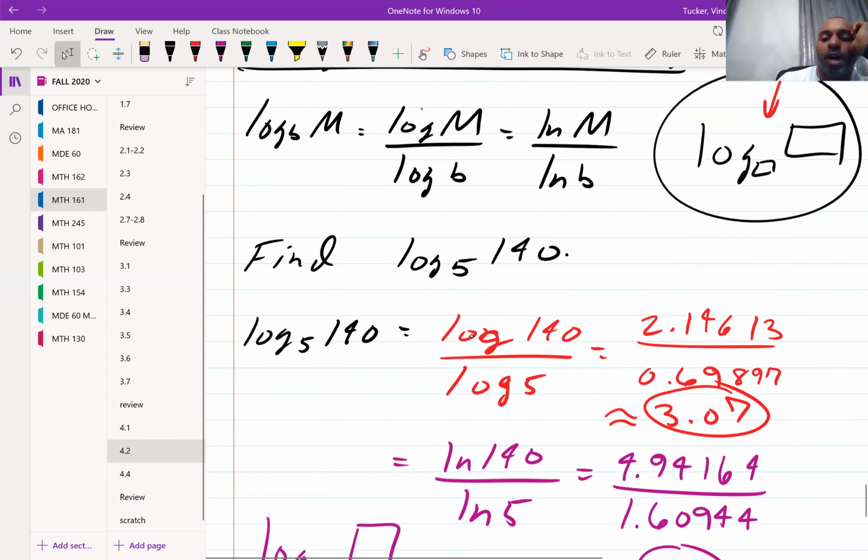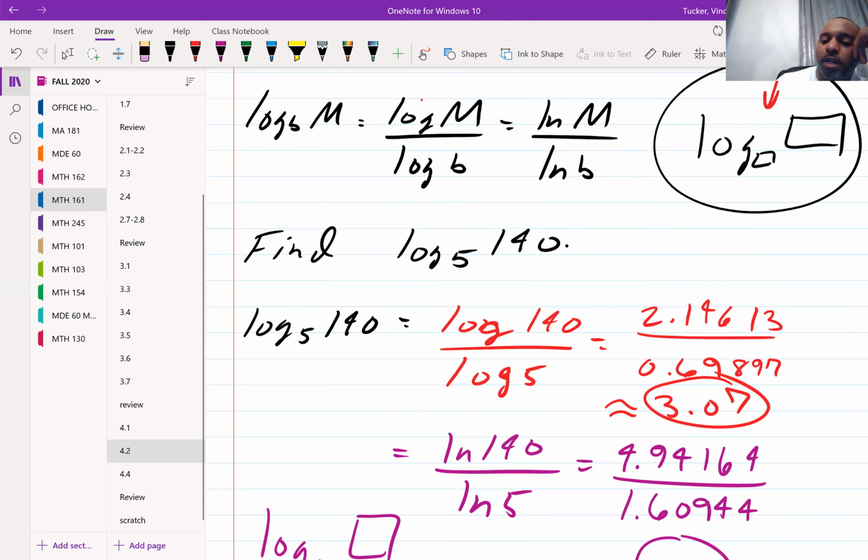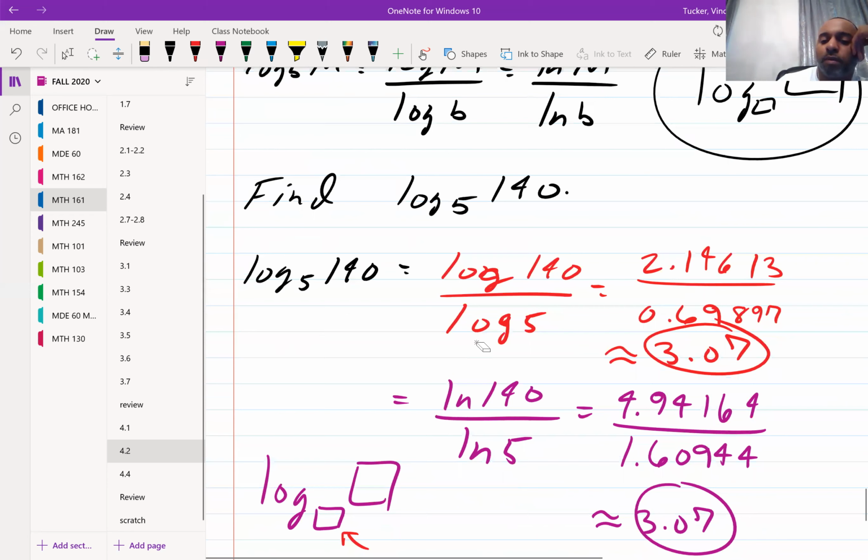If you decide to use a common log, you do log 140 over log 5, and they're going to give you 2.14613 on top, 0.6989 on bottom, which will reduce to 3.07. Now, if you use natural log, still going to do the same application, natural log of 140 over natural log of 5.